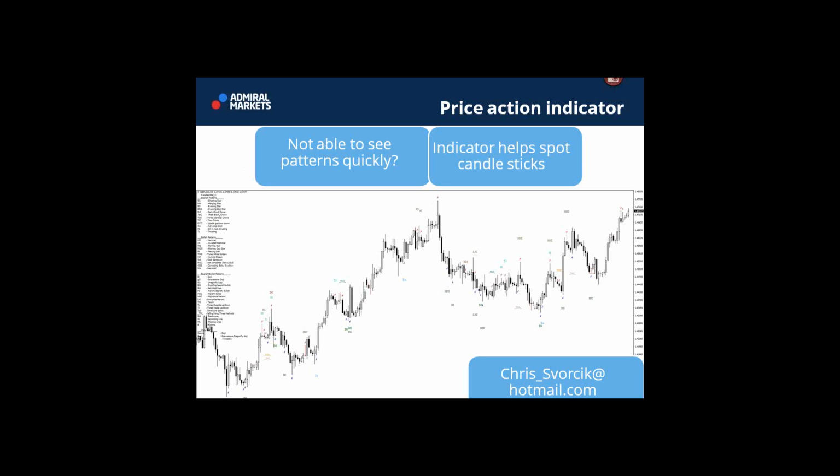I talked about patterns on Tuesday, and it just takes people time to see patterns, and it's not strange. It takes practice and training to spot them quickly, and all of them, in fact. So that's the same with candlestick patterns. So if you think that you can improve, this is a great way of improving. It's like training wheels because you see it. Obviously, the indicator indicates that candlestick immediately.